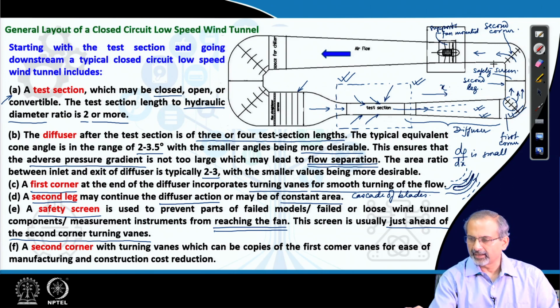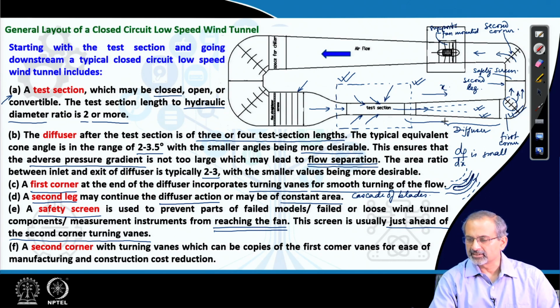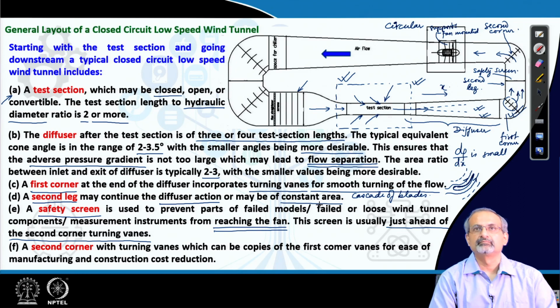Now, before all that happens, the tunnel in most of these sections, the test section, the diffuser, the corners, the second leg, etc., these often have square or rectangular sections, but the fan section obviously is circular, because the blades are sweeping a circular locus.